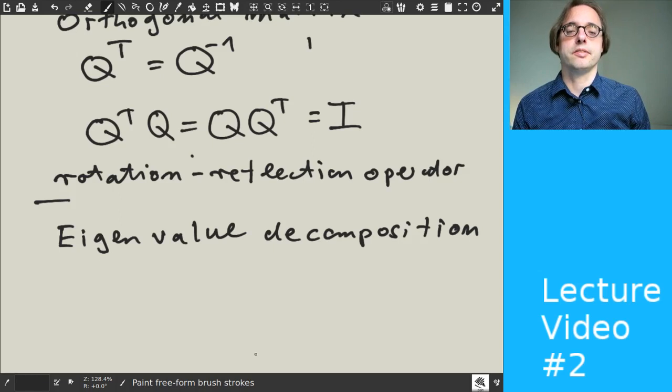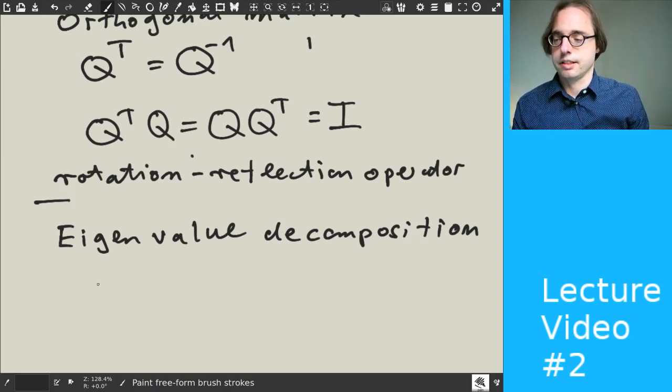In our case, we usually only look at real valued matrices, and often we are only interested in square matrices, and even more special, we're interested in the eigenvalue decomposition of symmetric square matrices. So we only look at very special cases.